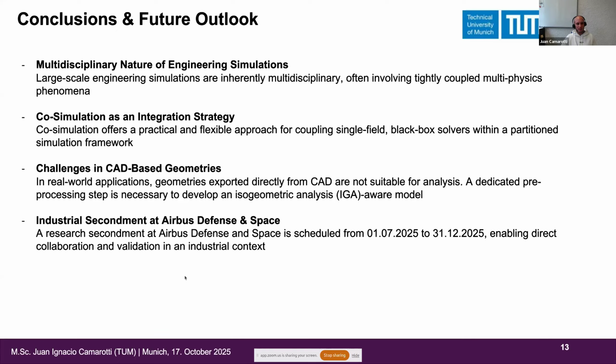Then we talked about the challenges in CAD-based geometries. Specifically, we pointed out that we need to come up with isogeometric analysis aware models on which we can do analyses that are meaningful. That's an important step, and that's basically a pre-processing of our geometry.